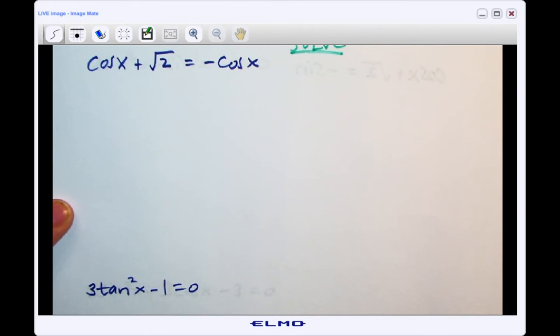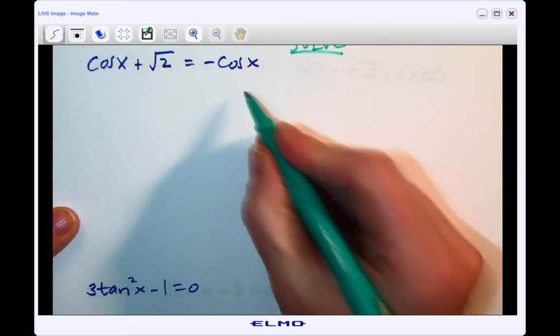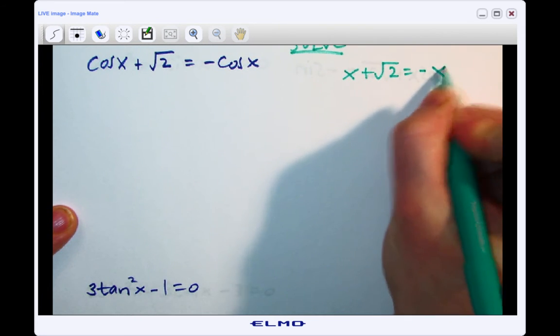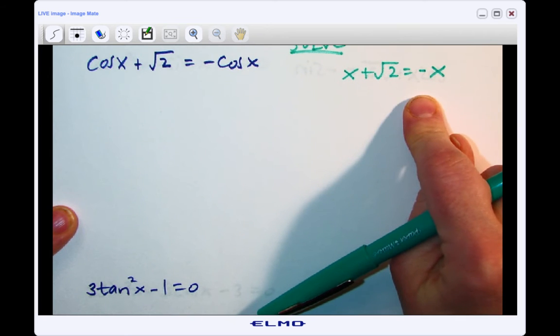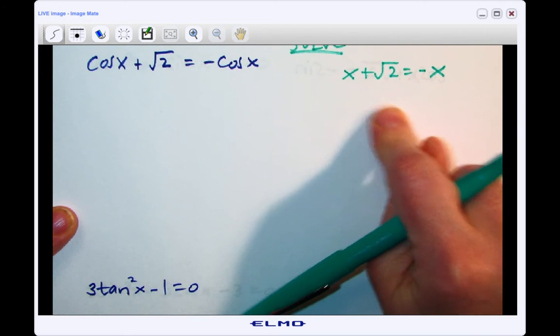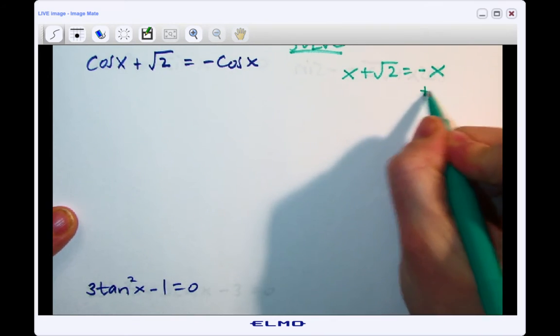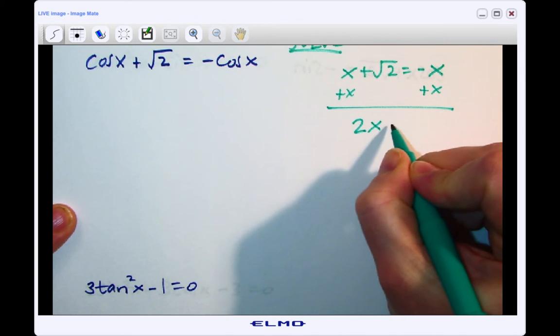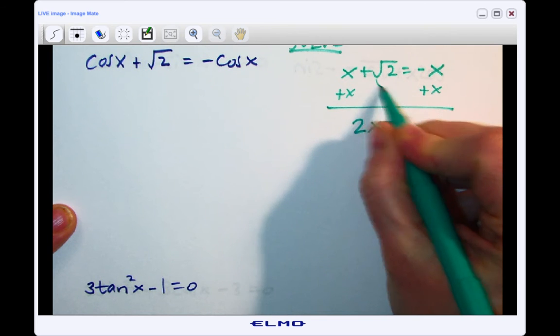All right. Now we're going to solve this just like we would any other equation. So if I had an equation that looked like this, we would all know that the first step would be to collect all our x's on one side, and we would add x to both sides. And we would get 2x, and then I would bring this back over to this side.